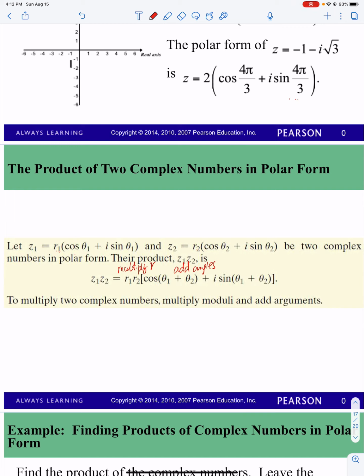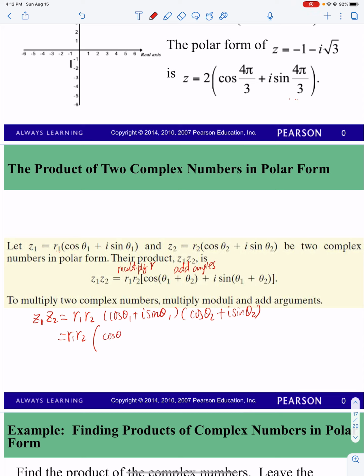But how could you deduce it? So z1 times z2. What does this thing equal to? r1, r2. That's easy, yeah? So you have cosine theta 1 plus i sine theta 1 times cosine theta 2 plus what? i sine theta 2. Okay, so it's r1, r2. What happens here? You FOIL.